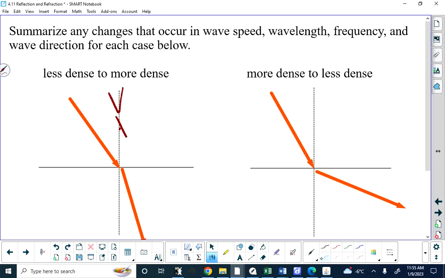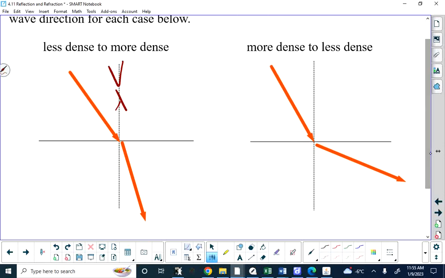V lambda, smaller. V lambda, larger. You also need to know on those diagrams where theta 1 is and where theta 2 is.